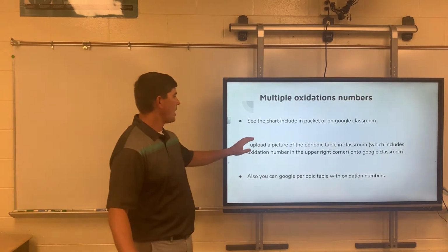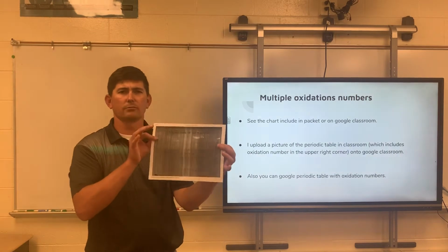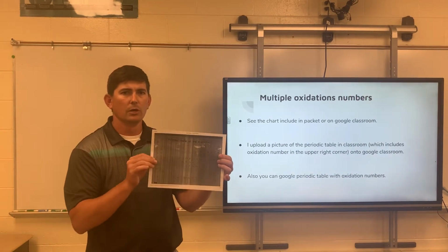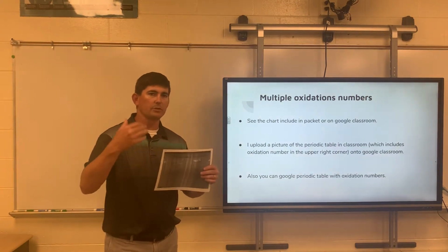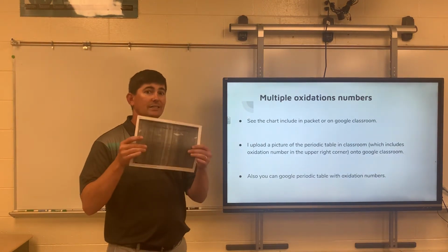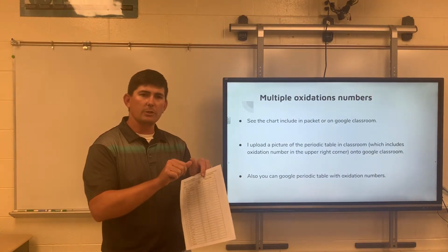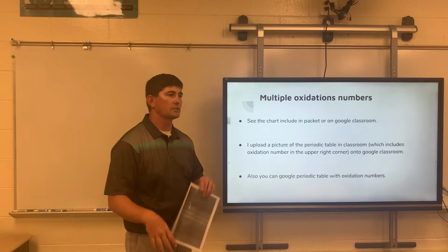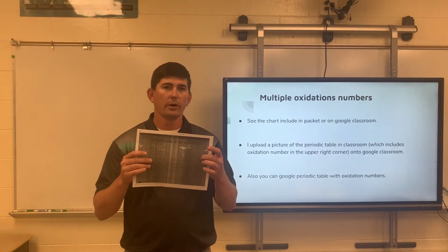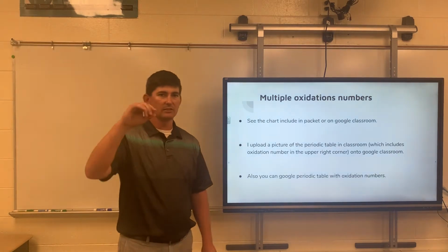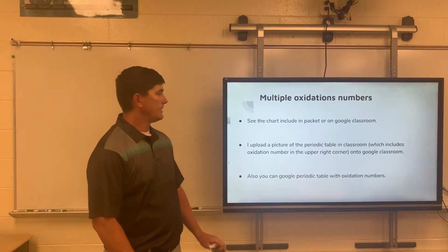I also uploaded a picture of this periodic table, the one I just showed you a second ago. I know this is super not legible for you here, but hopefully in the picture that I uploaded you can zoom in and see what the oxidation numbers are, because on this particular periodic table, in the upper right hand corner of each element, it lists the oxidation numbers for that element.